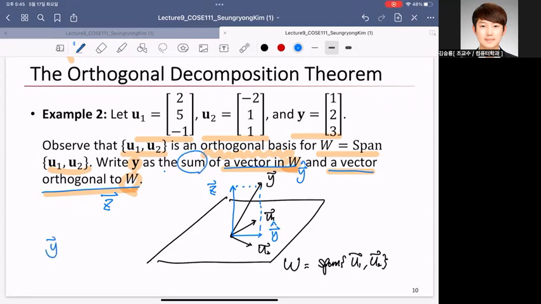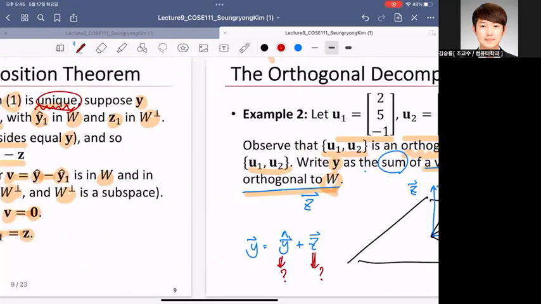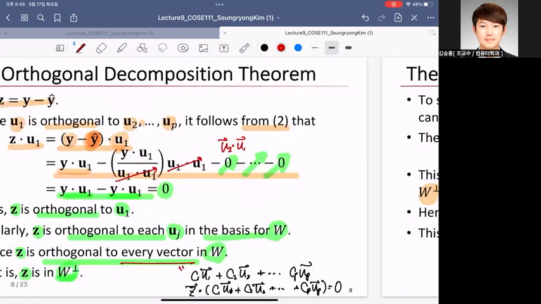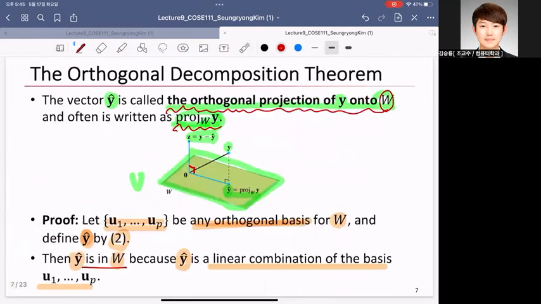So y is equal to y hat plus z. The question is, what is y hat and what is z in this case? Because we already have the equation here, we can just solve it.